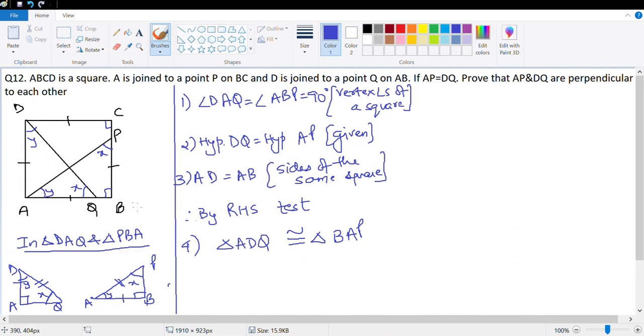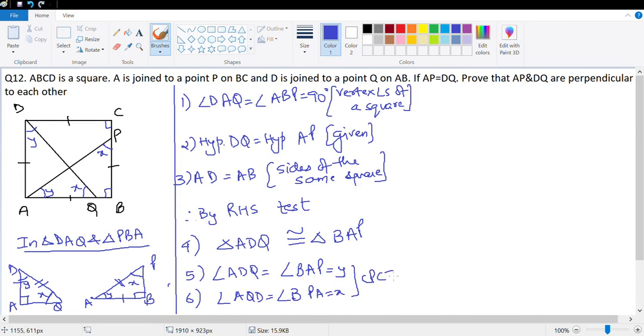Number 5 would be angle ADQ is equal to angle BAP is equal to Y. This is CPCTC, and the last one would be angle AQD is equal to angle BPA is equal to X. This is CPCTC. Does it help us? Hopefully it does.